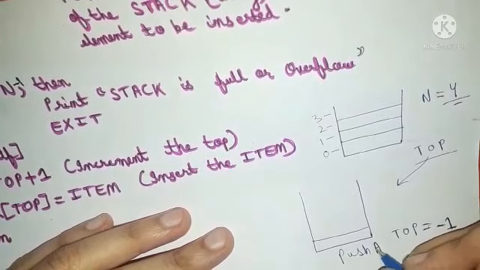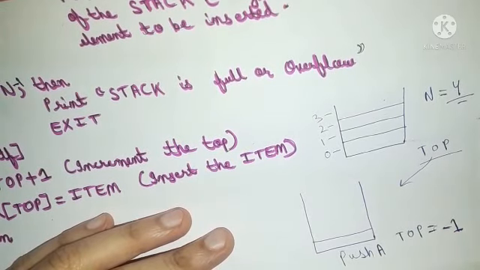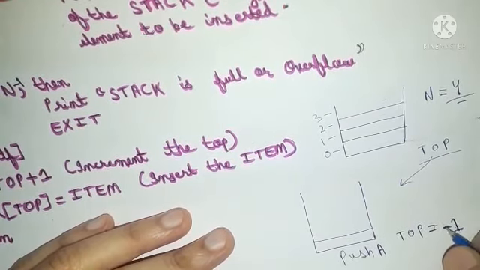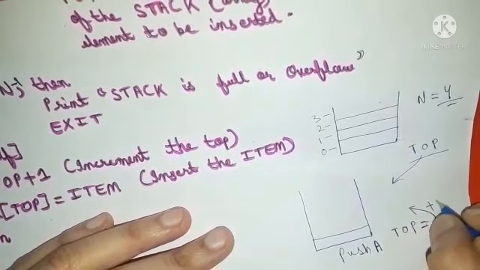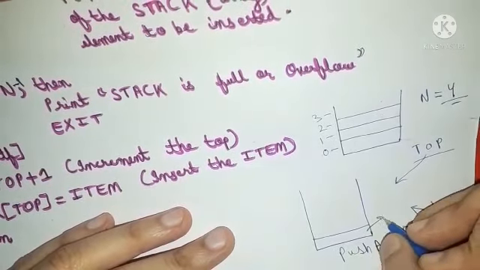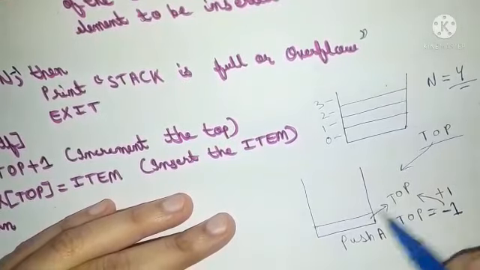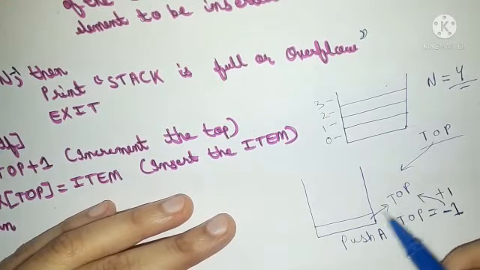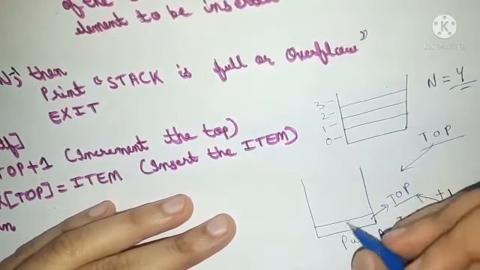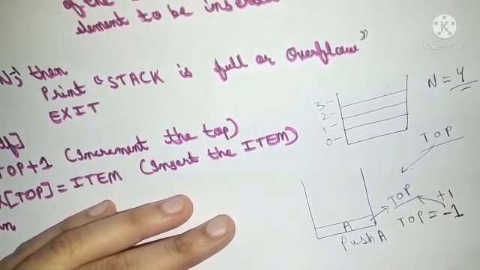Now I am pushing element A into the stack. Then top, which is minus 1, will be incremented by one position. So top will point to this position. To that particular location where the top pointer is pointing, the element will be inserted.